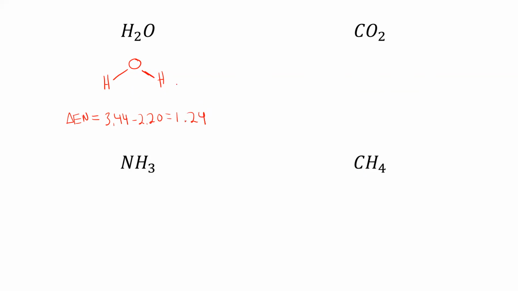And in this case, the bond polarities, you're going to have 2 bond polarity arrows that are both pointing toward the oxygen. Now, the values of those arrows, I'm not going to worry about you guys calculating overall values. What I want you to know is if you have a value of 1.24, it's going to be a polar bond.